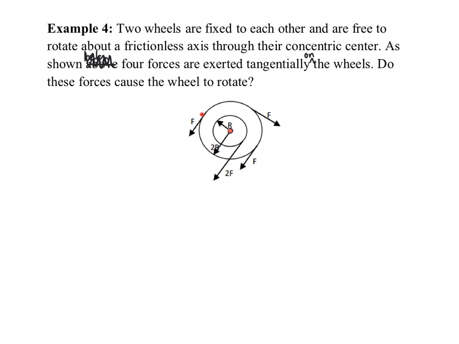But because this is just F and this is just F, we can see already that these 2 are going to balance each other. They're both at the same location, technically, with respect to the origin, or the axis of rotation, and they're opposite directions. So these 2 forces here are likely going to be forces that do cause it to rotate in a clockwise direction.